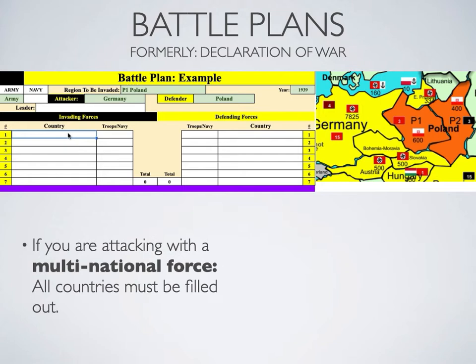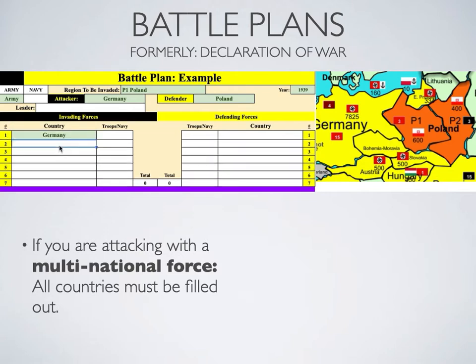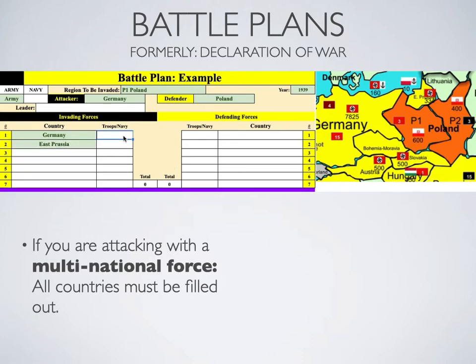So the invading forces are going to come from Germany and East Prussia, which are both from German troops. We're going to say 300 from East Prussia and 1,500 from Germany.